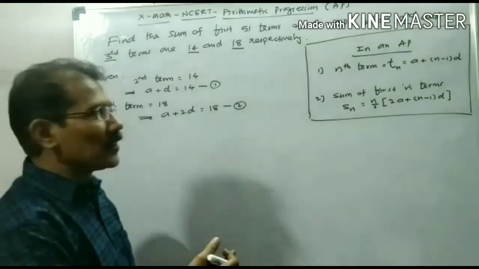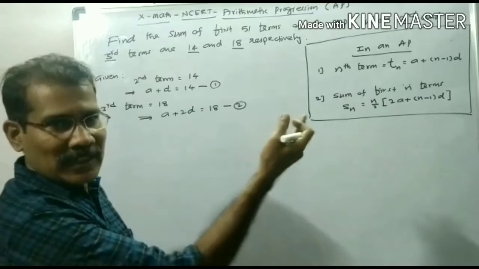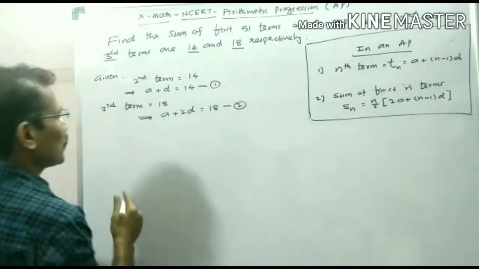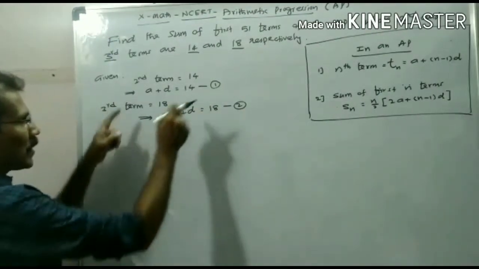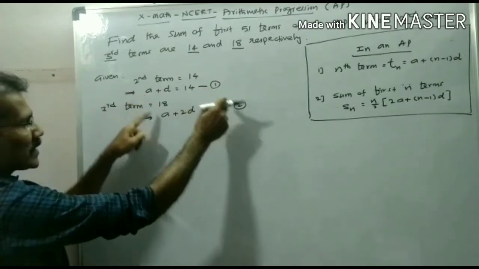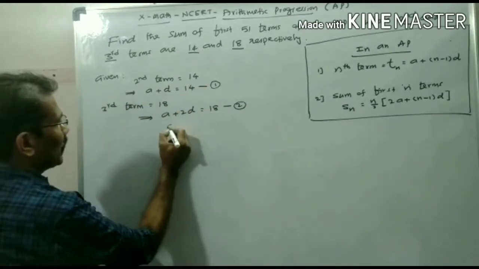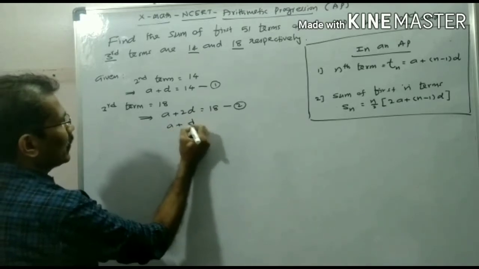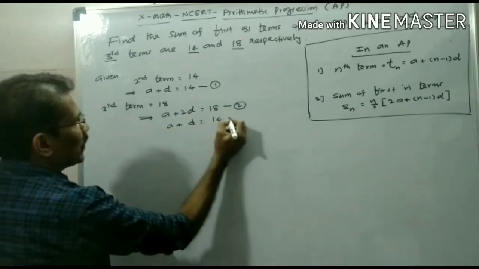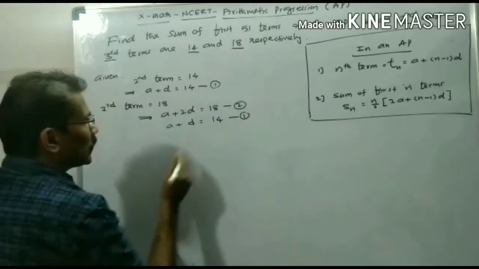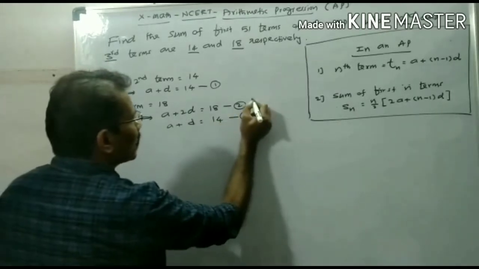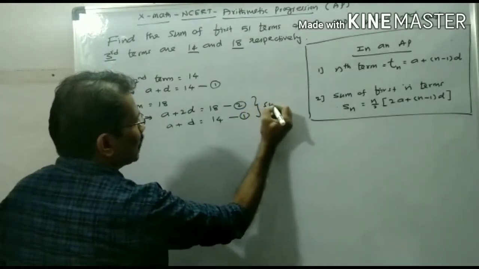Let us find the a and d values, then further we need to check what is required within the question. To solve these two equations, I am writing equation 1 exactly under 2. Equation 1 is a plus d equal to 14. Then to get the a and d values, subtract.